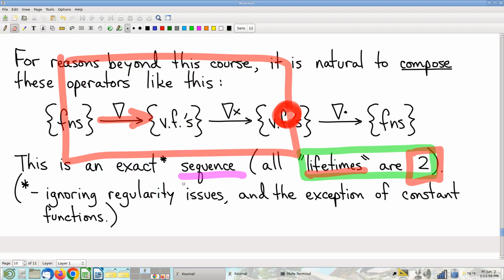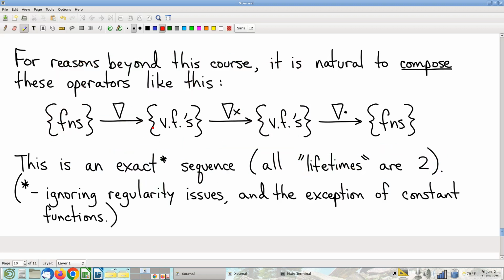And so here's another version of the lifetime being 2. If you have a vector field, and if the curl is not 0, that actually tells us 2 things. First of all, the lifetime's got to be 2. That means its divergence is going to have to be 0.